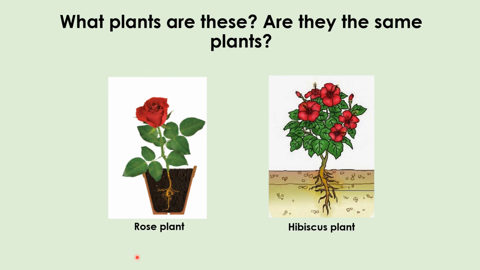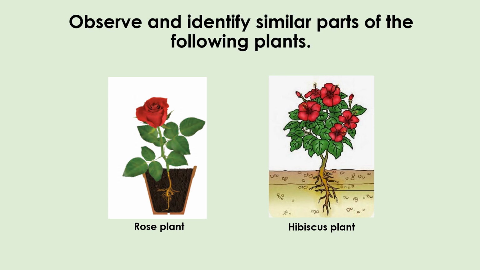This is rose plant and this is hibiscus plant. Are they the same plant? No, they are different plants. Observe and identify similar parts of the following plants. You have to observe and identify the similar parts in rose plant and hibiscus plant.